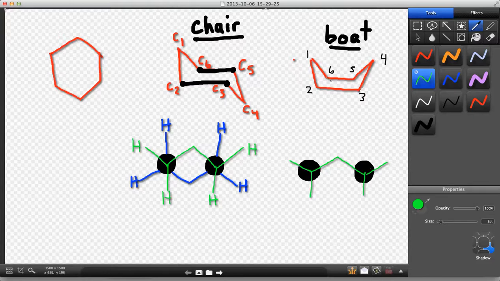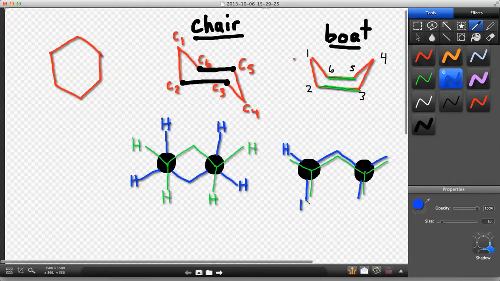Now if you look down these bonds in your mind's eye, hopefully you can begin to see you're going to have an issue. These two CH2 groups are going to superimpose and be eclipsed. So my Newman conformation for the boat is going to have everything eclipsed.